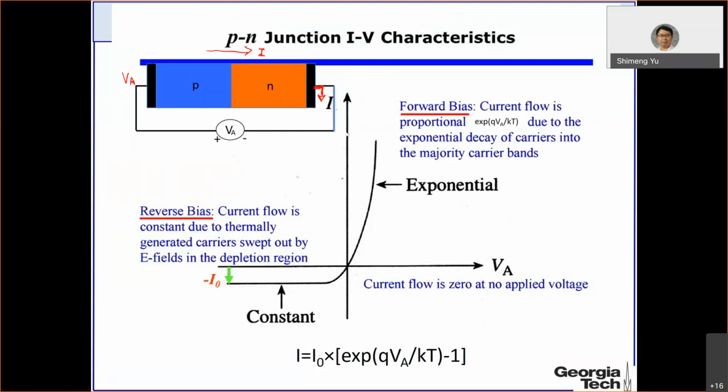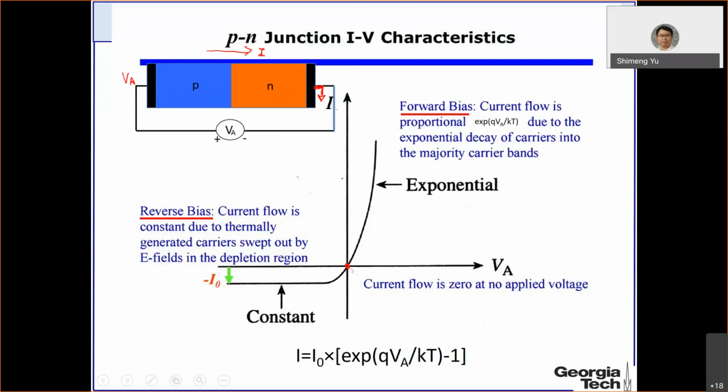And in this slide, we're going to discuss the IV characteristics. IV means current versus voltage. So here, let's say at 0 voltage, the current is 0. This is as expected. Without external voltage, the current is 0.